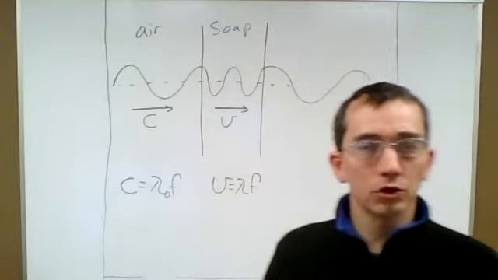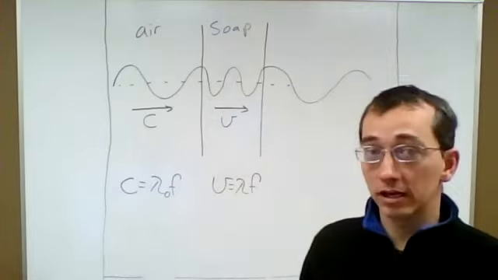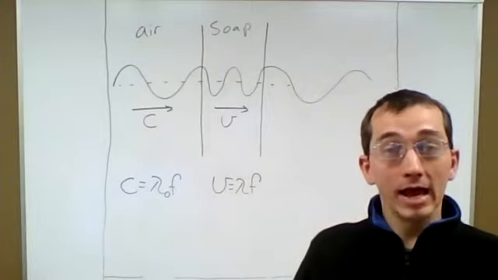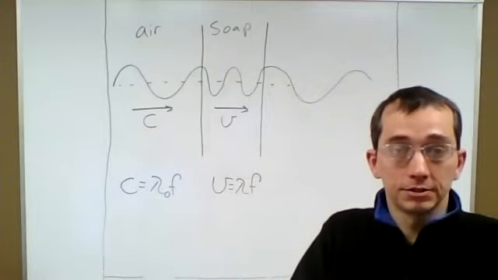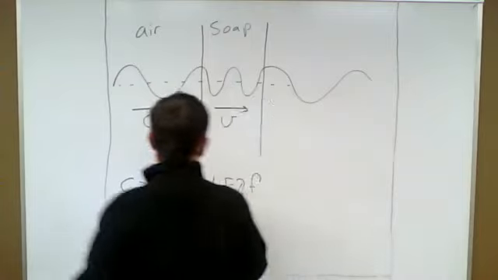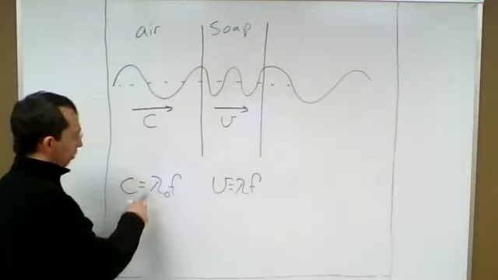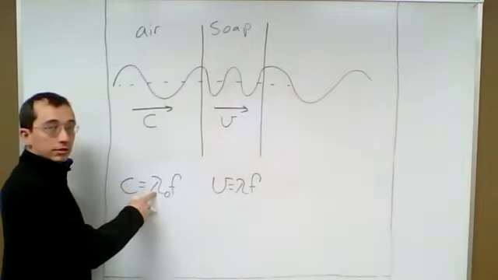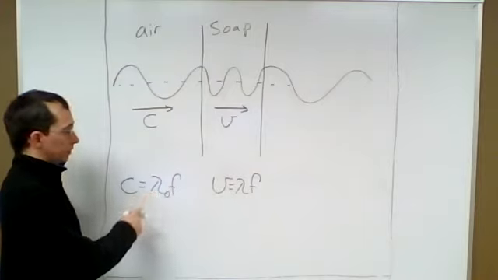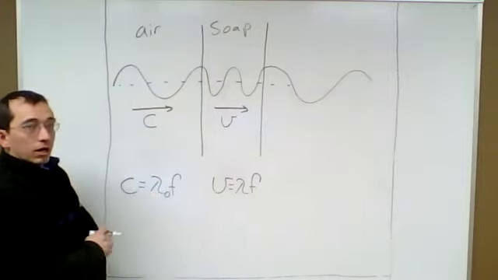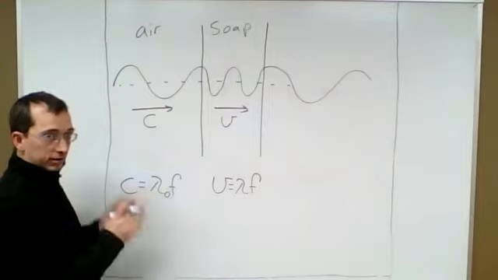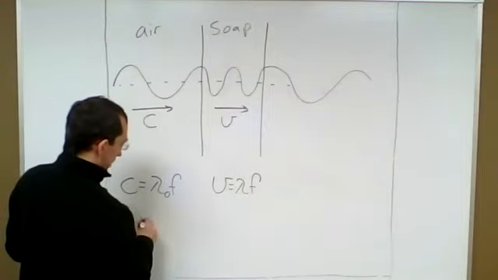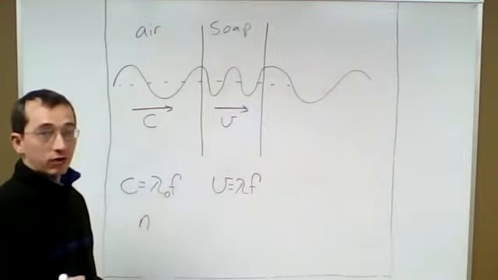So when we're thinking about interference, it's really important to know the wavelength of that light in the material. And so we need to find this lambda in terms of what we know it is in vacuum. Well, we define a certain variable, n, called the index of refraction.